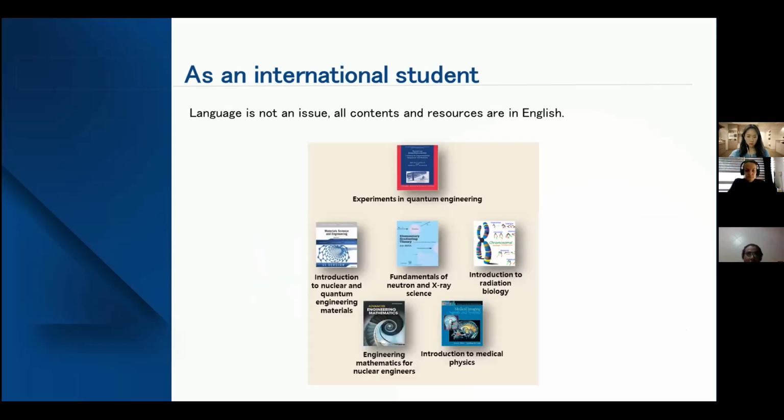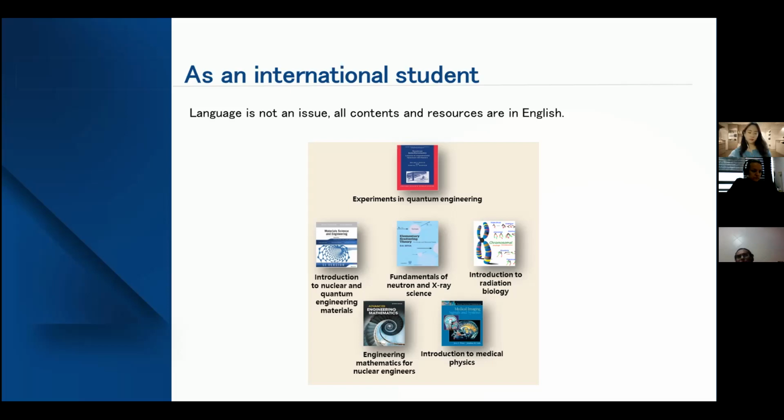Also, finally, the language barrier is not an issue at all. Same as courses in KAIST, all courses and resources are in English. Coupled with the fact that the NQE department has very similar structures to US nuclear engineering departments, whether it's the syllabus of courses or the books used.